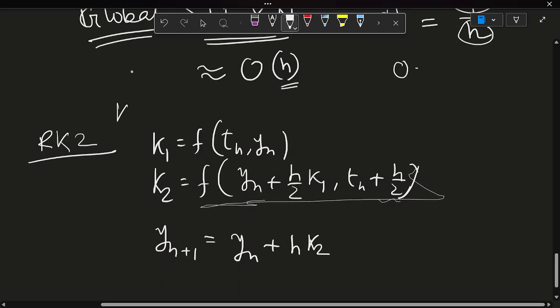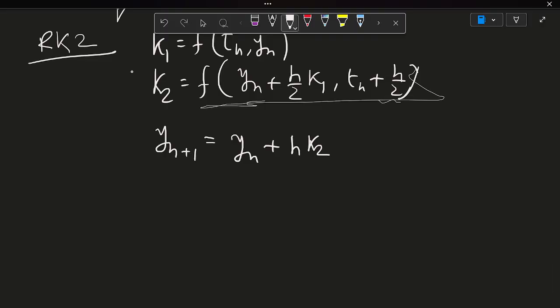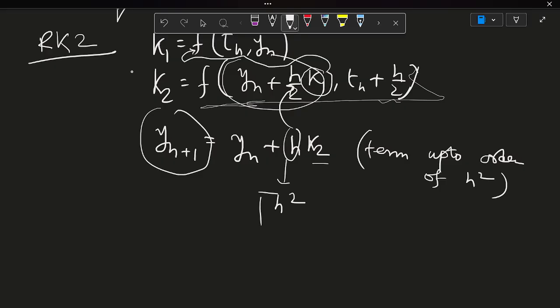If you look at it carefully, in place of k2 you replace this, but here you have k1, which is this function. This h and this h will be multiplied, so it will give you h square order. So y_{n+1} has the highest order h square.